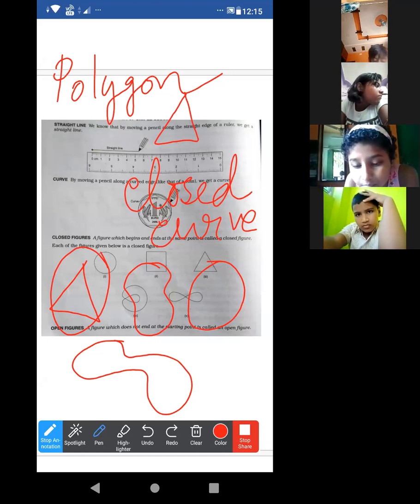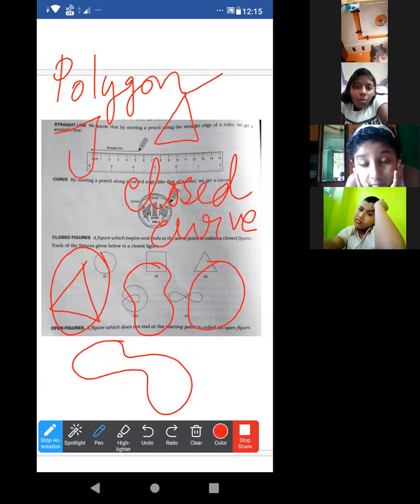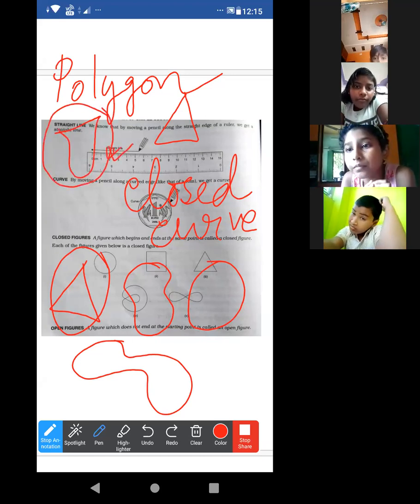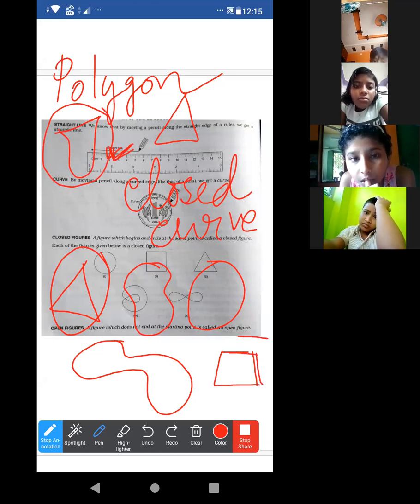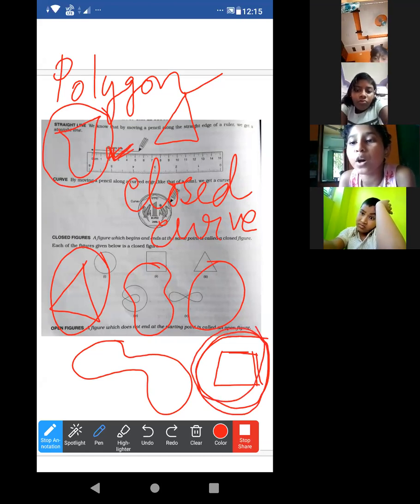Acha, if we draw this one, this will be closed curve or polygon? This figure, closed curve, exactly. If we draw this one, look at this. This one will be closed curve or polygon? Polygon and closed curve both.